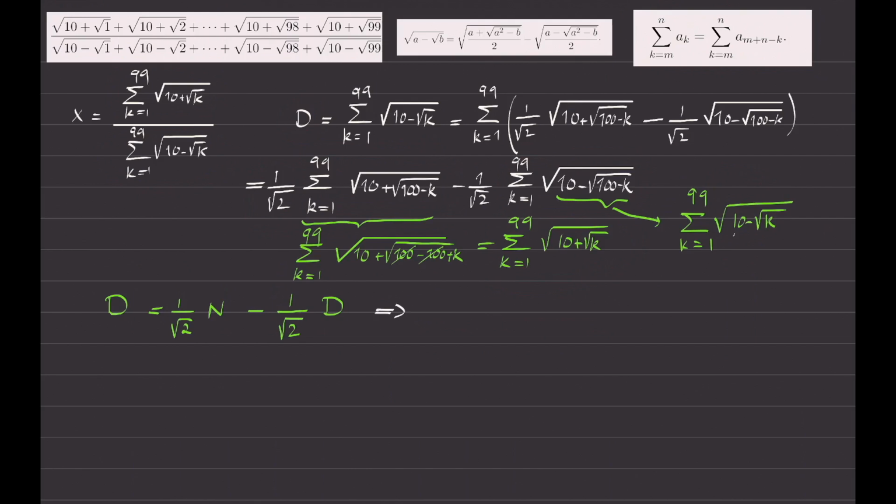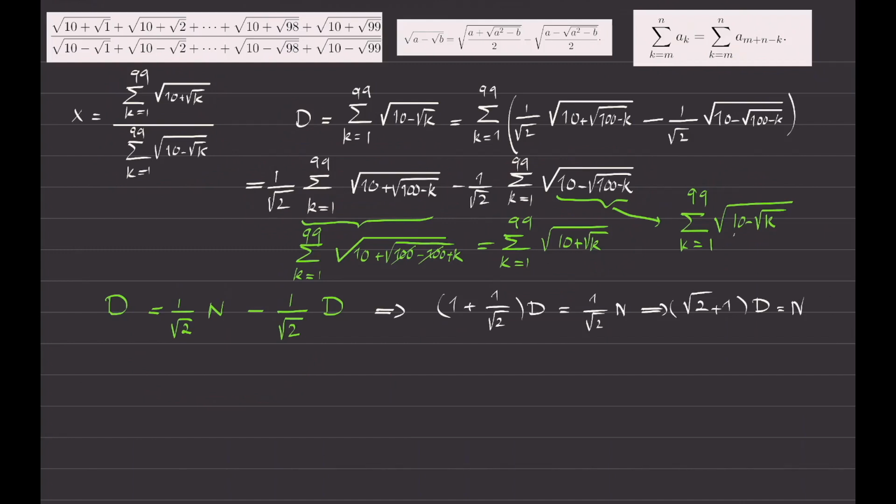So I move this term to the other side and factor a d out. So it becomes 1 plus 1 over square root of 2, times d, is equal to 1 over square root of 2 times n. And I prefer to get rid of fractions, so I multiply everything by square root of 2, so it becomes square root of 2 plus 1 times d, and on the right hand side I will have my n.